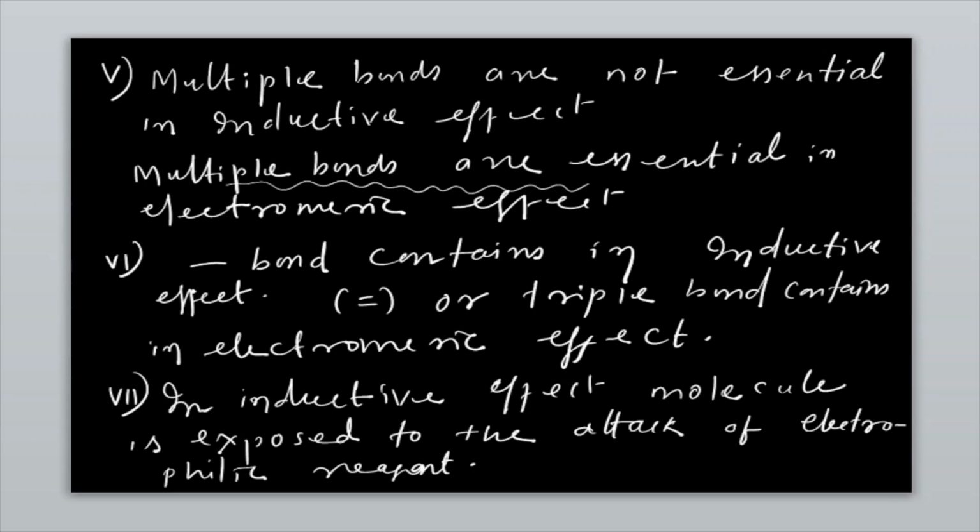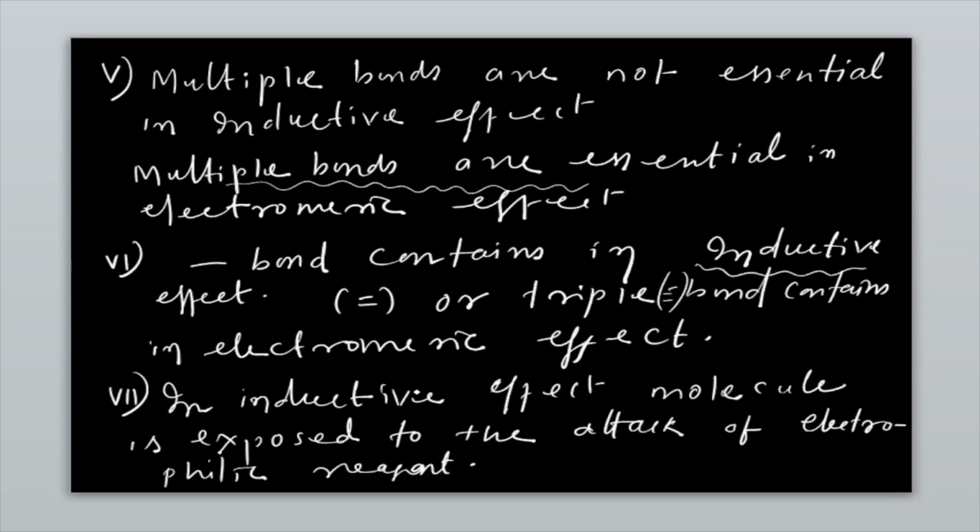Whereas double or triple bonds, the pi bonds, are a must in electrometric effect.